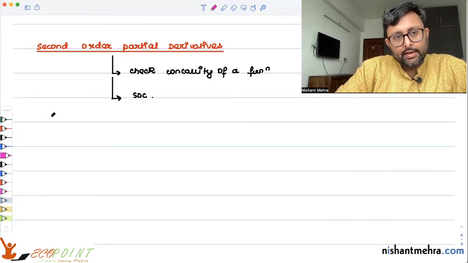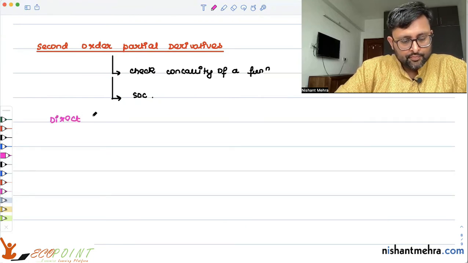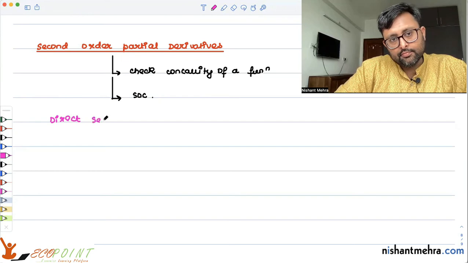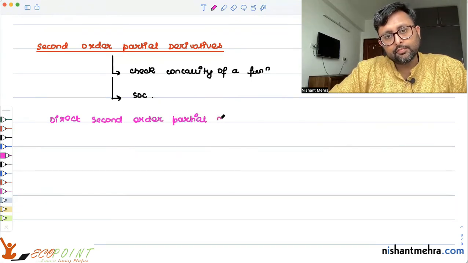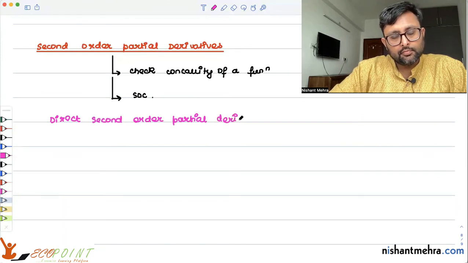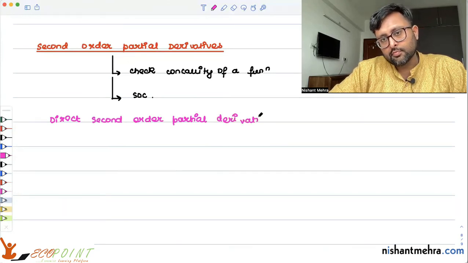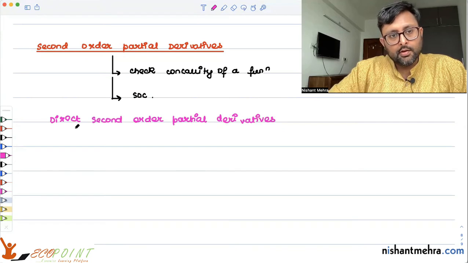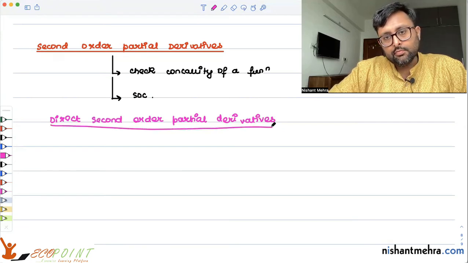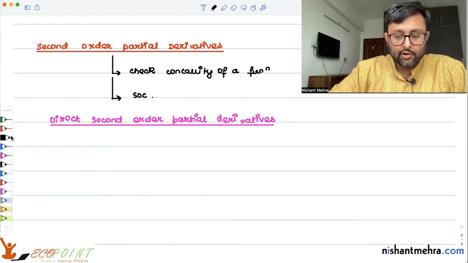One is the direct second order partial derivatives. Direct second order partial derivative.